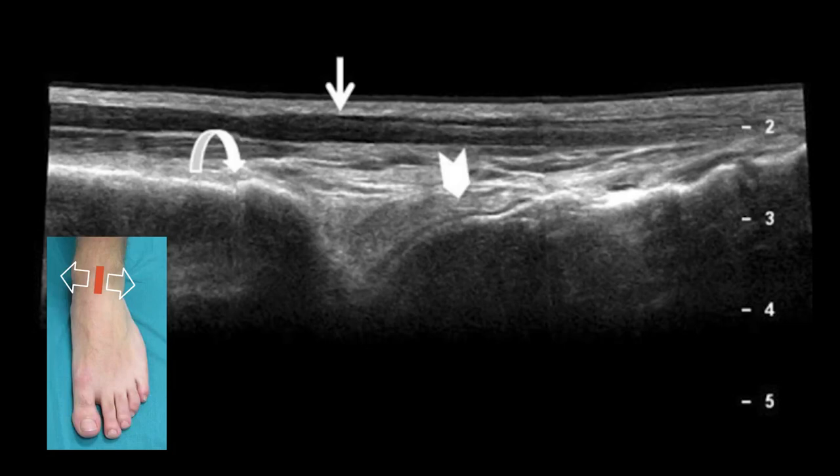And you'll be able to see the anterior recess of the tibial-talar joint, but that's usually only visualized when there's distension secondary to effusion fluid. The tendon itself, which is on the top indicated with the arrow, has a typical fibrillar appearance and is running superficial to the anterior recess of the tibial talar joint.